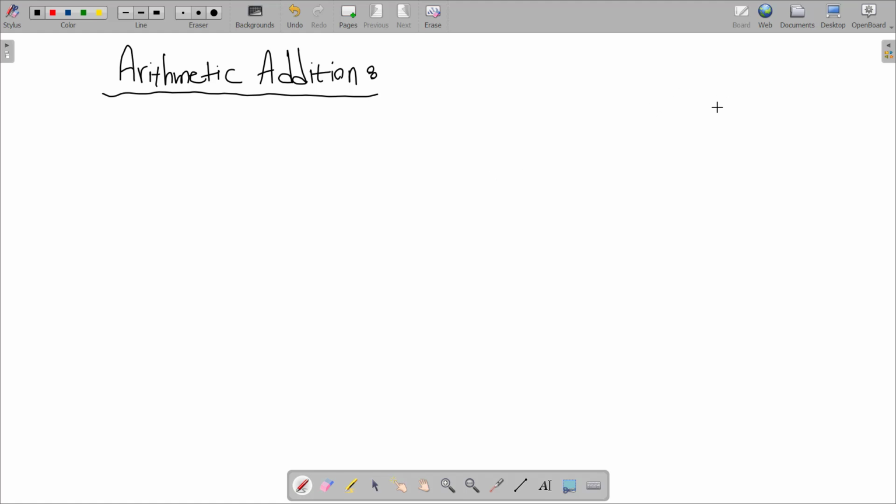Suppose that I have two numbers in base R. I want to write two numbers, A0, A1, A2, A3, a 4-bit number written in base R, and B0, B1, B2, B3, again in base R. I want to add these two.